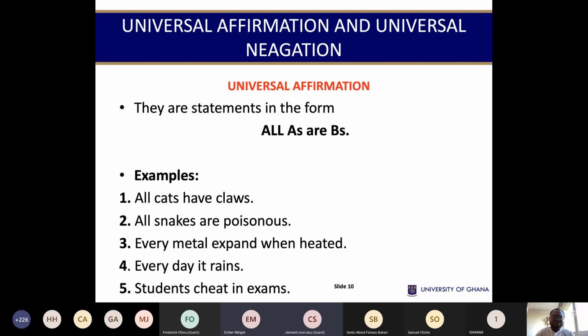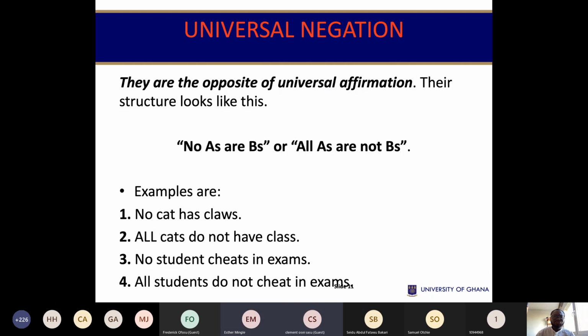This is how we make universal affirmation. Now, let's look at universal negation. So we've looked at universal affirmation, how we affirm something. Now, let's look at how we deny something. When you are denying something, it is the opposite of affirmation.